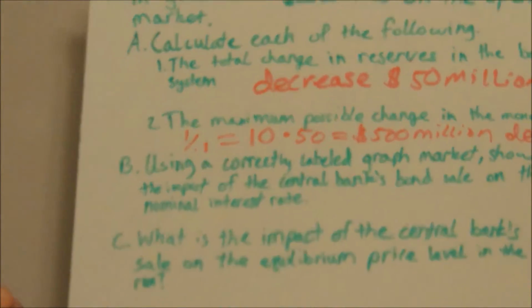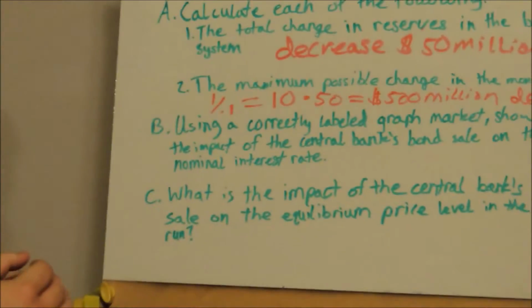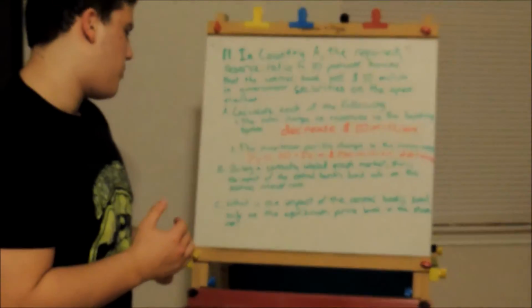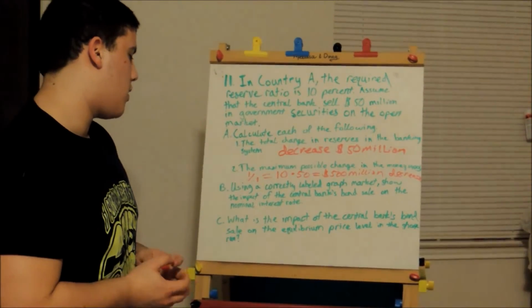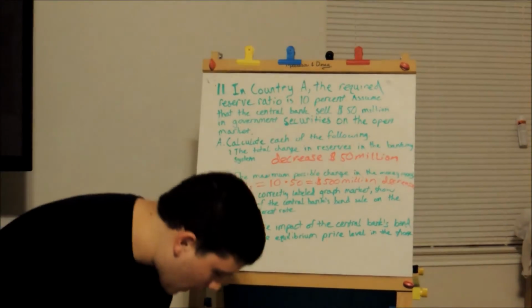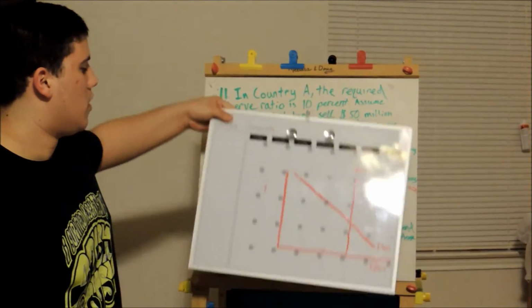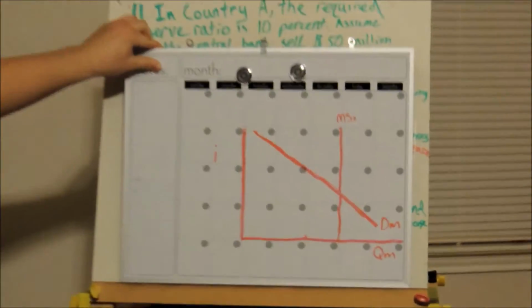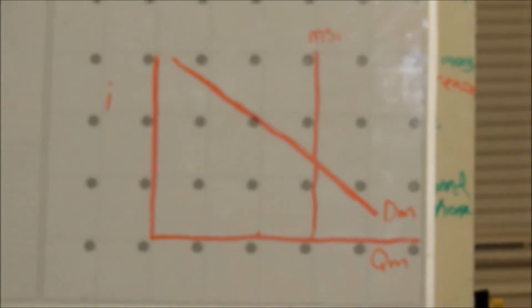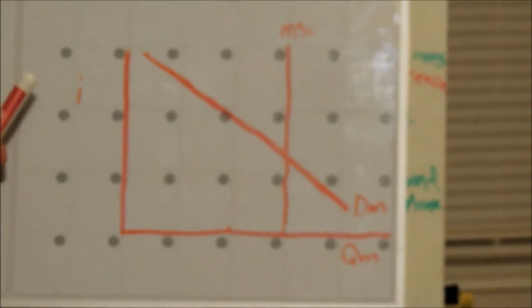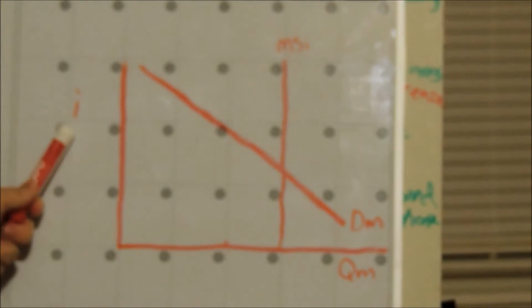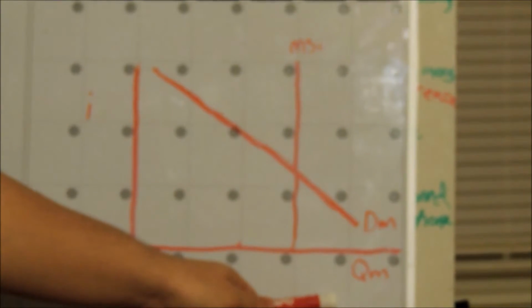Part B. Using a correctly labeled graph, show the impact of the central bank's bond sale on the nominal interest rate. Okay, so I've pre-drawn the graph. Make sure you get your axes right. This is interest rate, and this is the quantity of money.